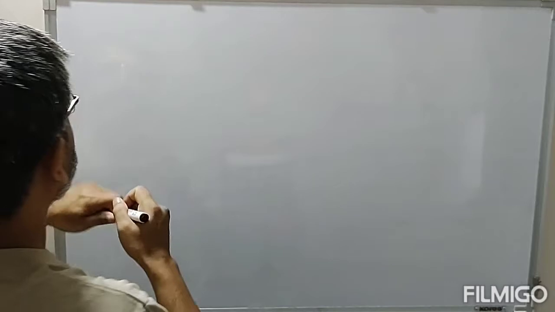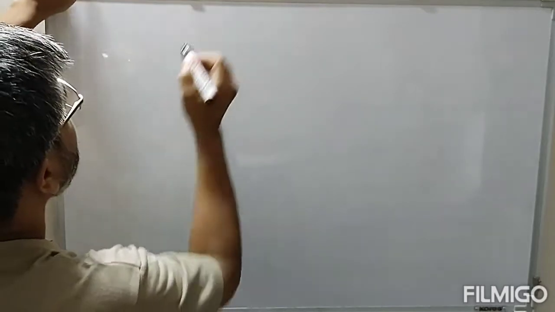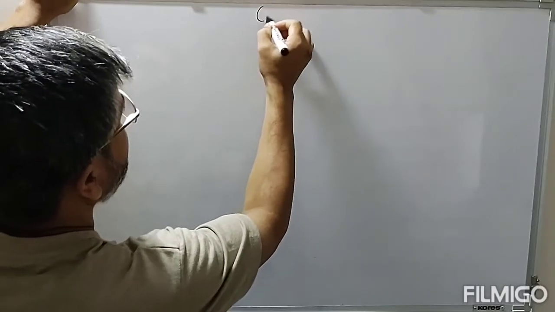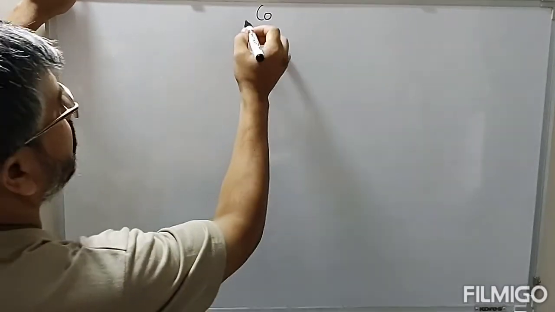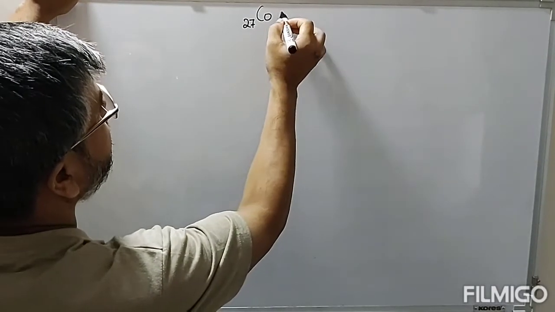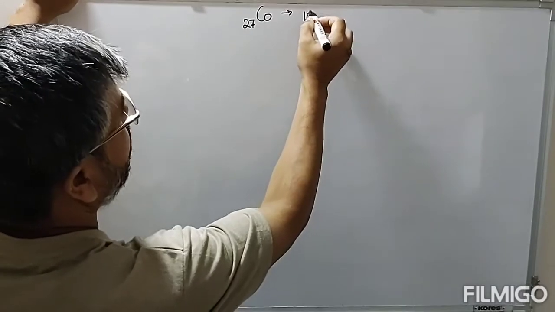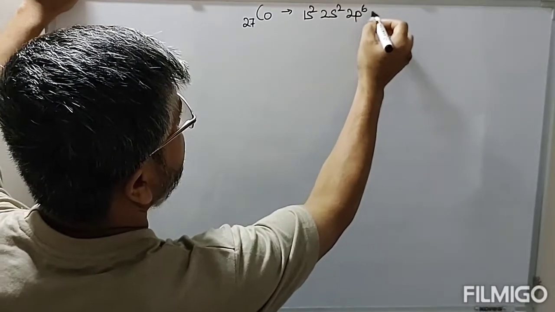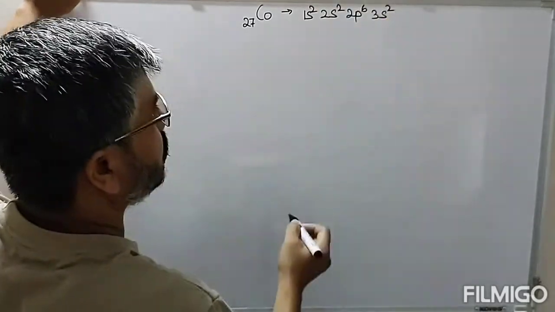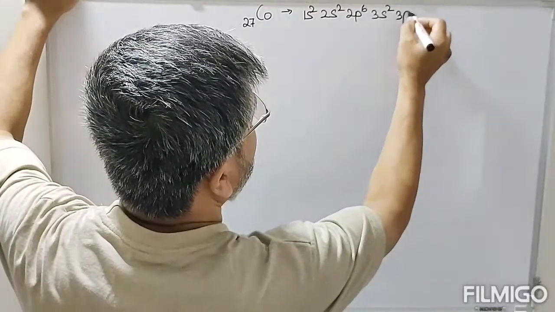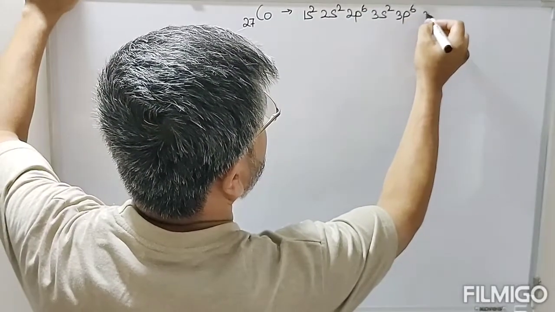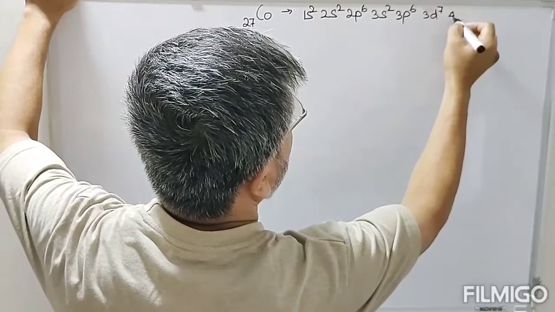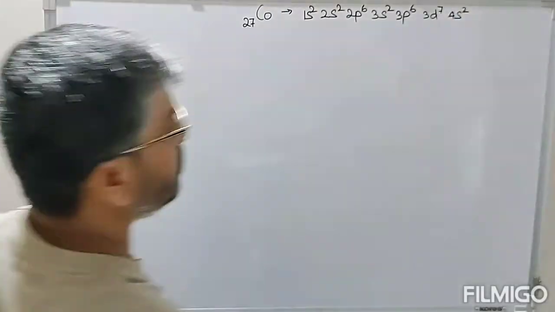Let's take cobalt here. Cobalt has atomic number 27, and its electronic configuration is 1s2, 2s2, 2p6, 3s2, 3p6, 3d7, 4s2.